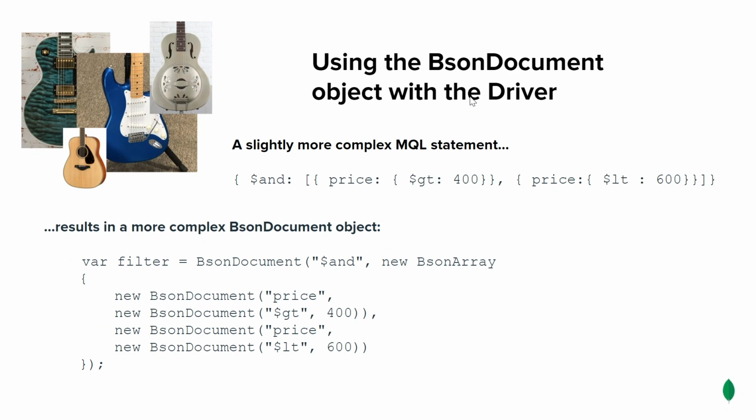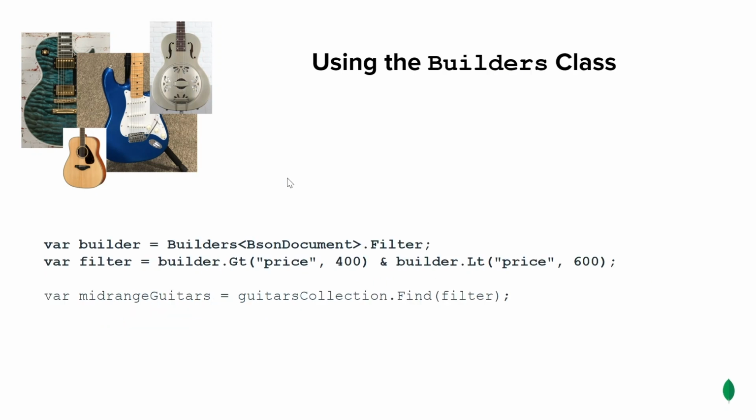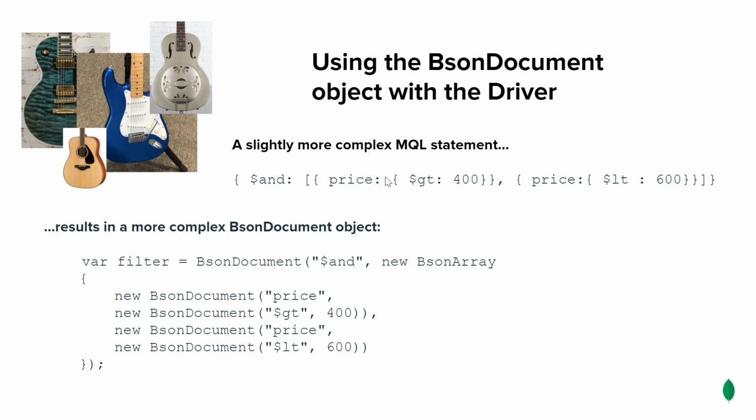Now, if we had a slightly more complex query, very slightly, like we want to get all the guitars between $400 and $600, in MQL, you can see the line up here. You create a $and, and specify a price greater than 400 and a price less than 600. Okay.